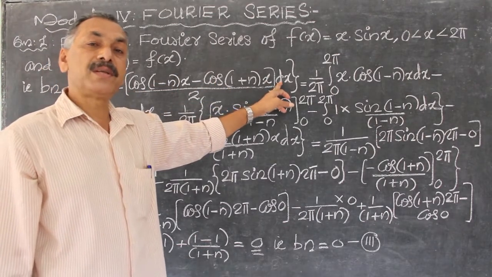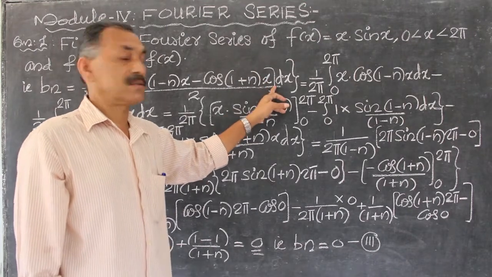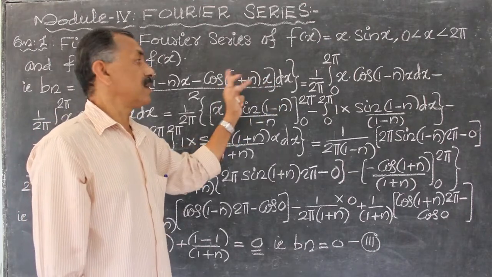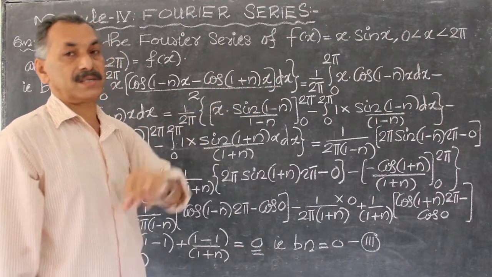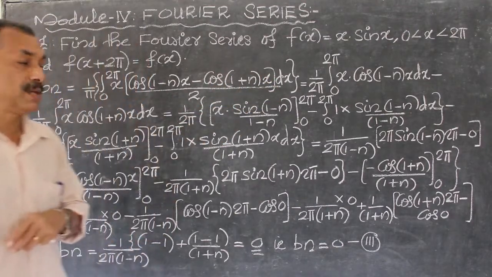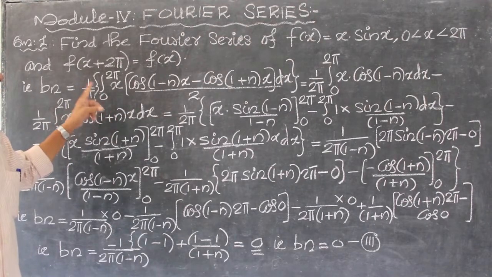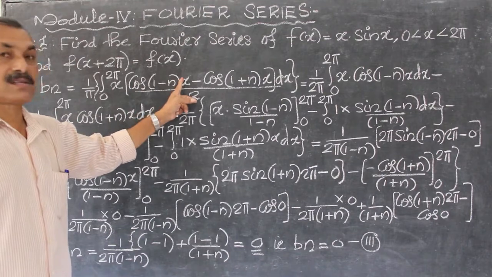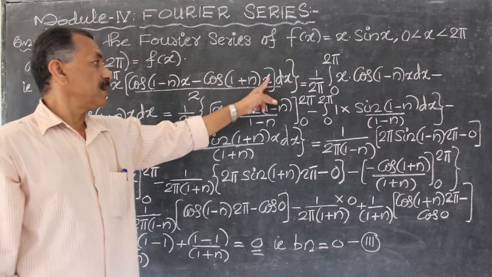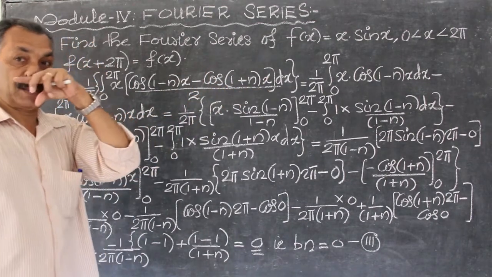Here a is equal to x, b is equal to nx. That is x minus nx, taking x outside, cos of 1 minus n into x, minus cos of 1 plus n into x, divided by 2 into dx. That is bn is equal to 1 by pi integral 0 to 2 pi x into cos 1 minus nx minus cos 1 plus n into x all divided by 2 dx.